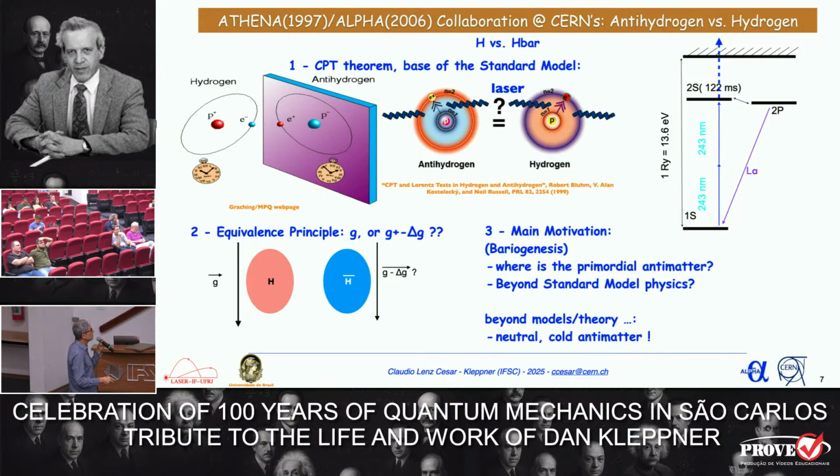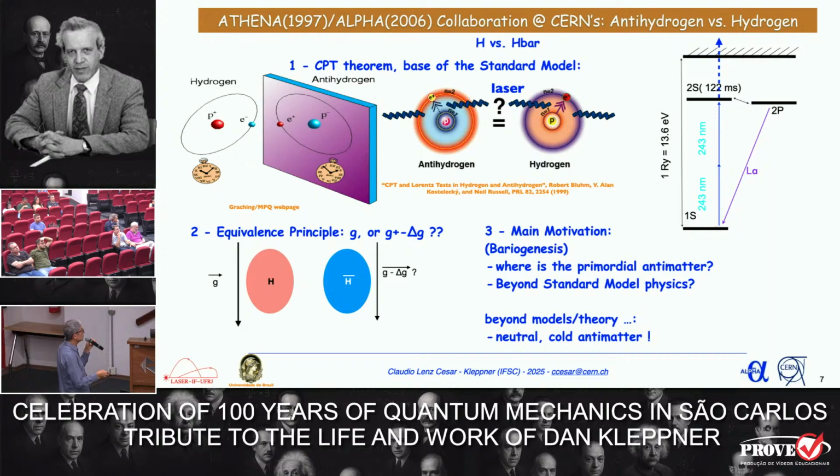And of course, since we propose to make anti-hydrogen, it's a neutral antimatter, we of course thought, well, let's try to drop anti-hydrogen. Since it's neutral, we can try to drop and measure the gravitational acceleration of anti-hydrogen. So this was in the initial proposal of ATHENA and then later ALPHA.